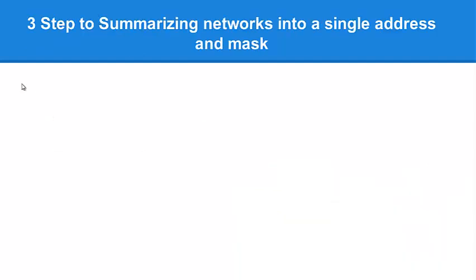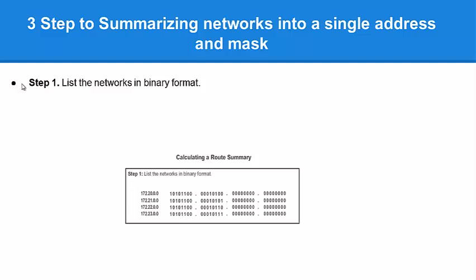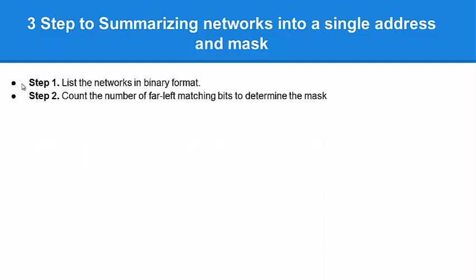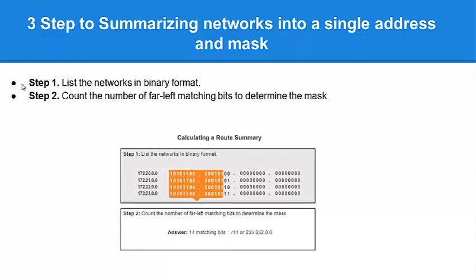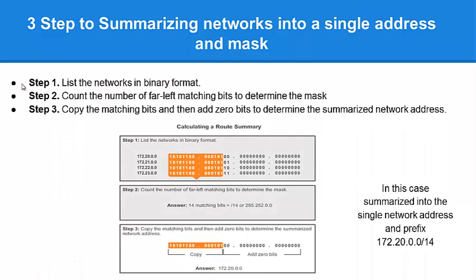There are 3 steps in order to summarize a network. The first step is to list the networks in binary format. The second step is to count the number of far left matching bits in order to determine the mask. The last step is to copy the matching bits and then add the 0 bits in order to determine the summarized network address.